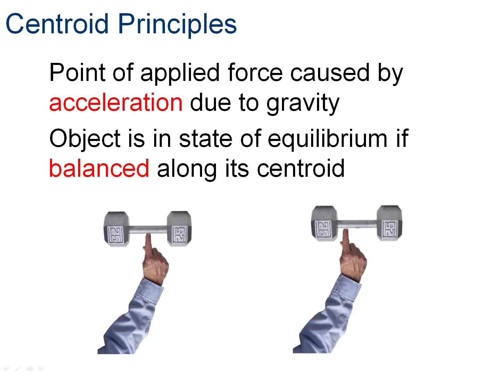So in the picture on the left, the finger supporting the weight, dead in the middle of it, and the weight will balance. The picture on the right, you can see that the force supporting it is offset from the centroid or the center of gravity. That will cause the center of gravity to rotate down and attempt to be vertically directly beneath the force. And obviously it would rotate and fall off the person's finger.